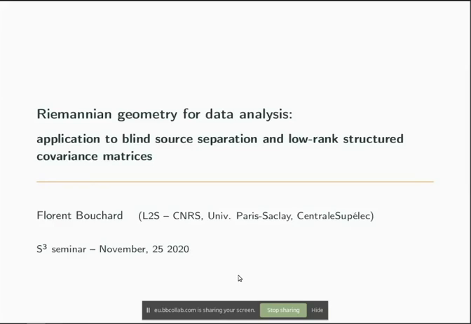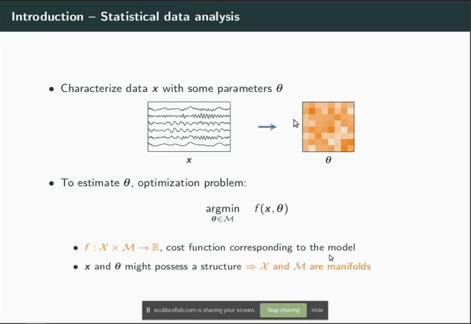data recorded. And we aim at estimating some parameters theta or some features theta from them.